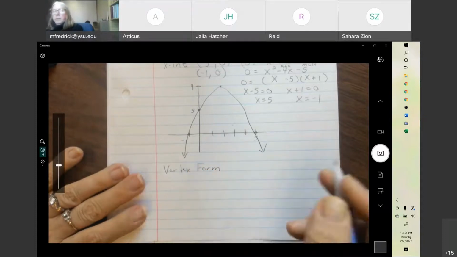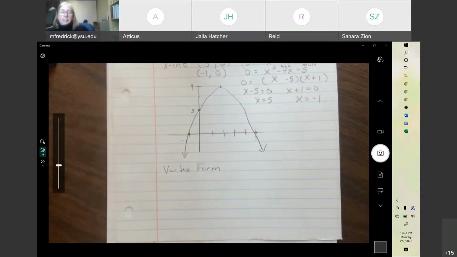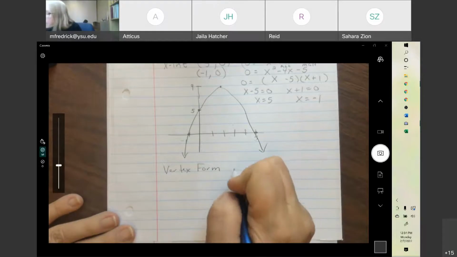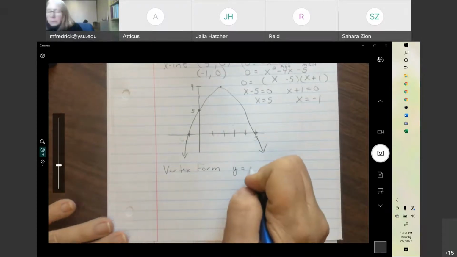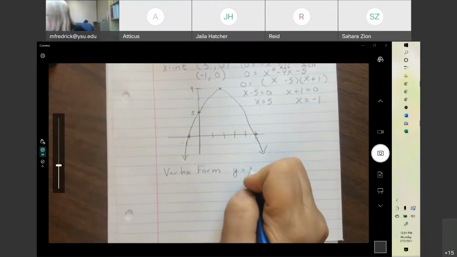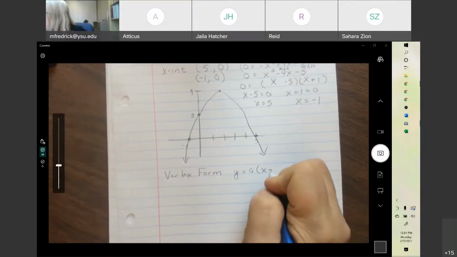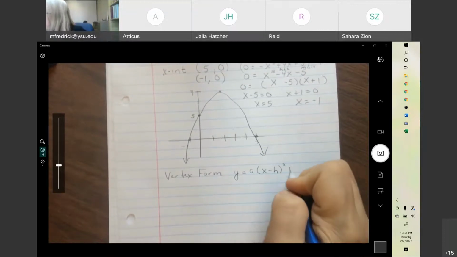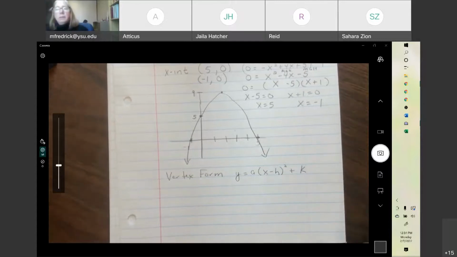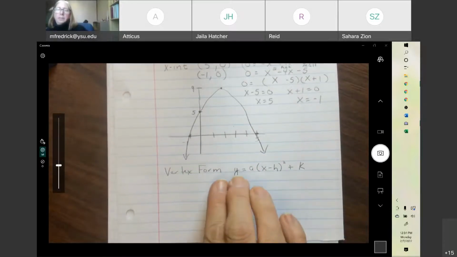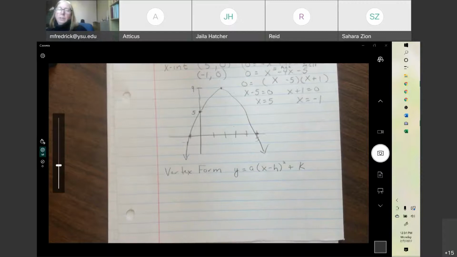Vertex form is nice because you can see the vertex in the equation. It's y equals a times x minus h squared plus k. So when it's in this form, that's called vertex form.